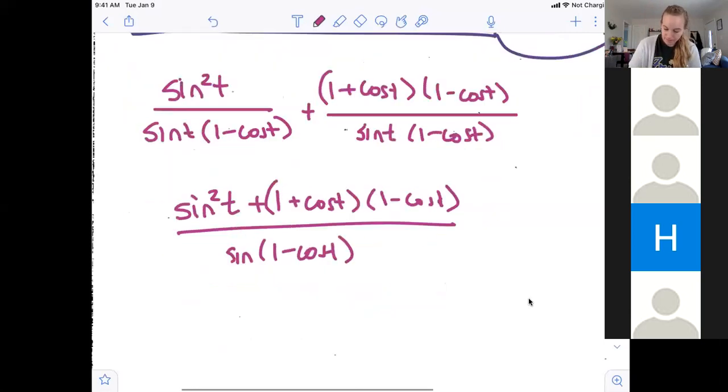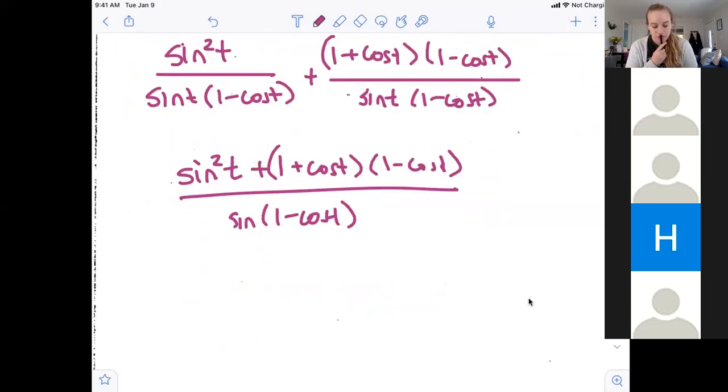Let's see, I cannot cancel anything out. I want to get rid of that 1 minus cosine t on the bottom, but I can't do that yet because I've got sine squared on top. Let's see, what can I do?